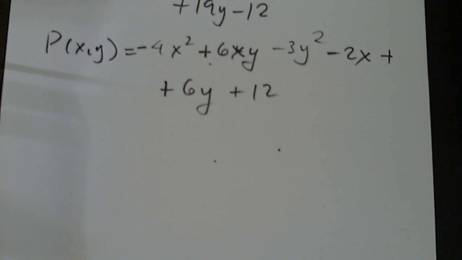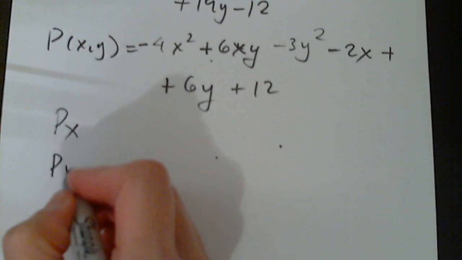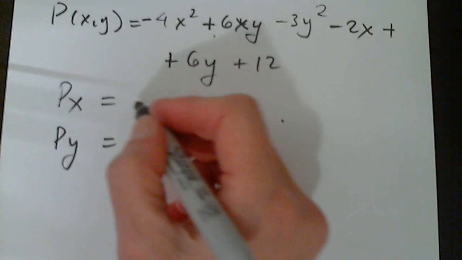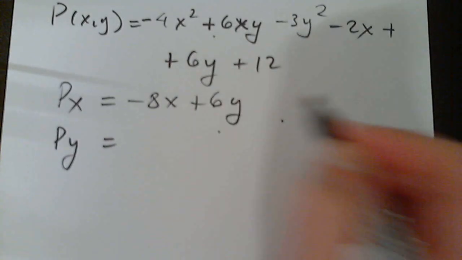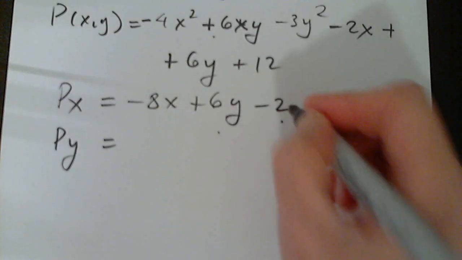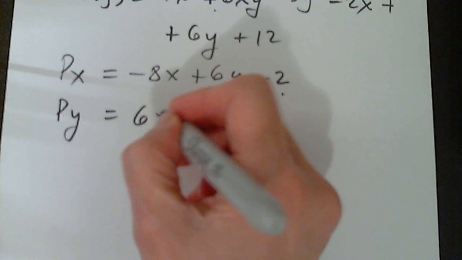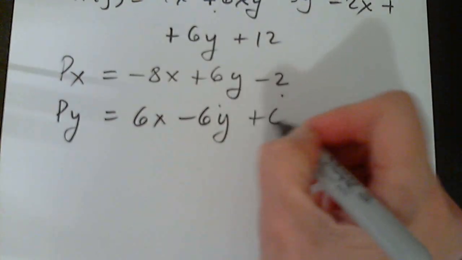So now we want to find the maximum. I have to find Px, I have to find Py, and so on and so forth. Px, negative 8x plus 6y minus 2. Py, 6x minus 6y plus 6.